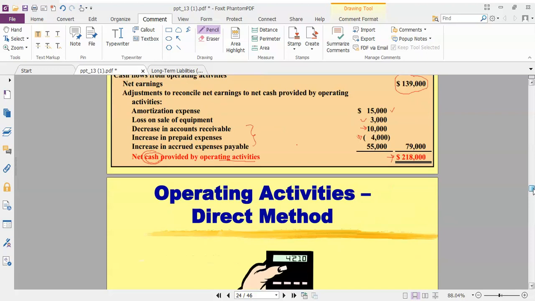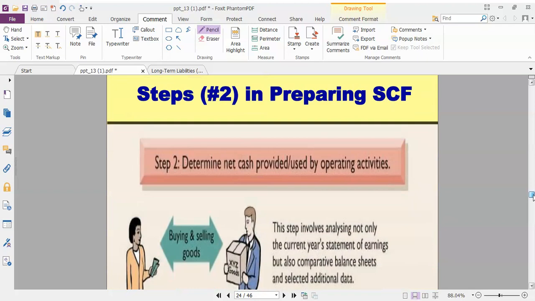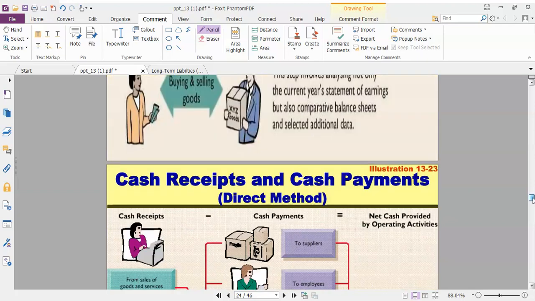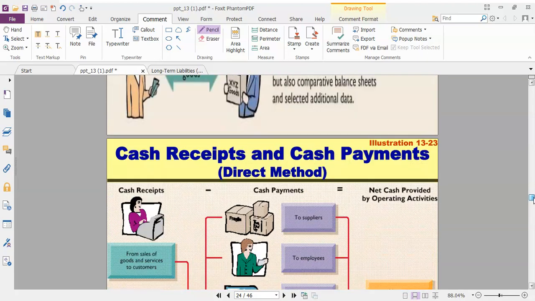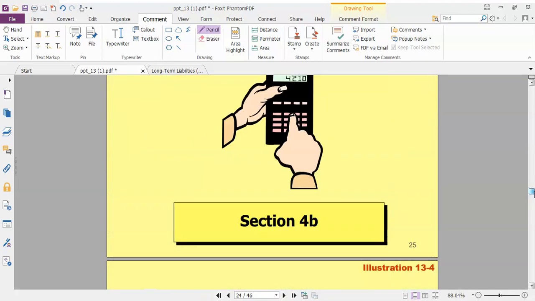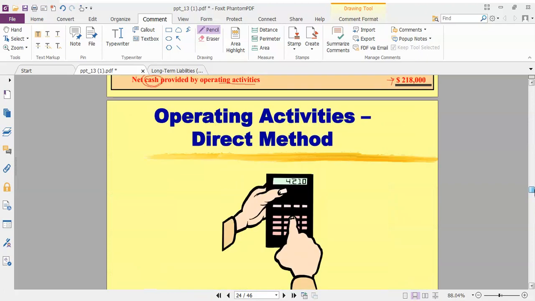So look at the operating activities for the direct method. I think let's continue tomorrow. Okay, operating activities for the direct method. Is that okay, class? Continue tomorrow? Alright, okay.